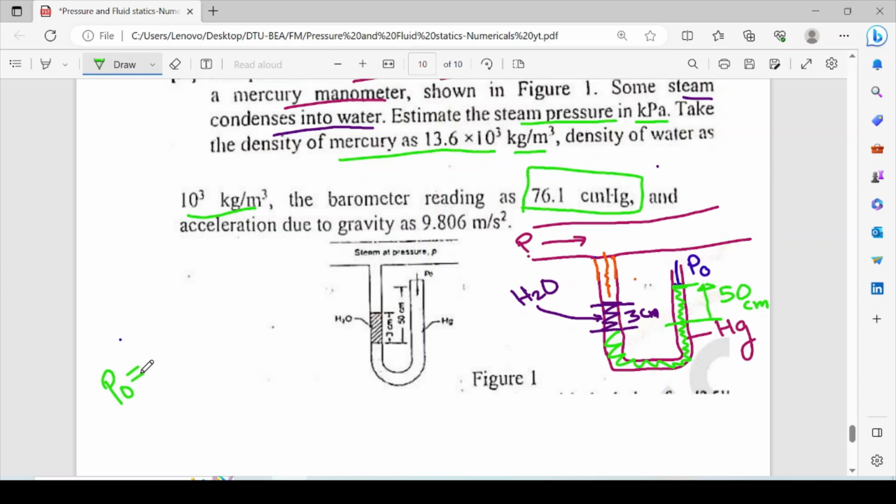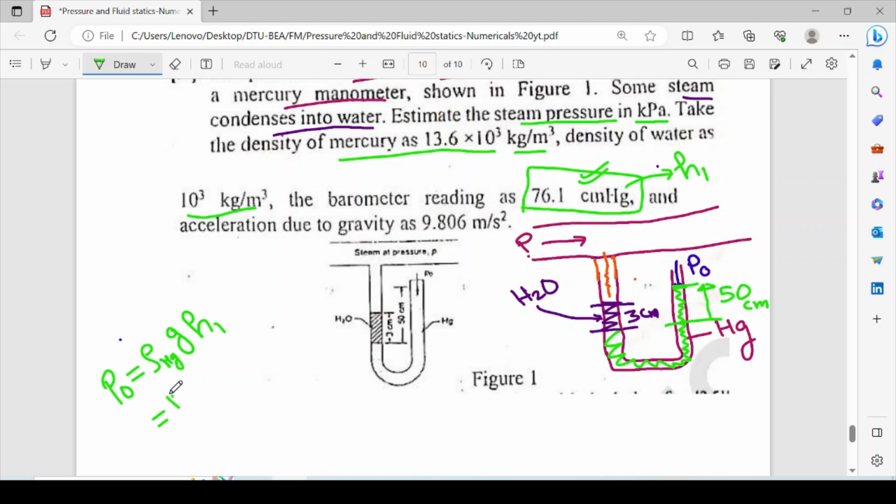P naught, the atmospheric pressure, is not directly given. It is given in relation to the mercury manometer, and P naught is equal to rho, the density of mercury, times g times h. The height h1 is given in centimeters, so we will convert it to meters.